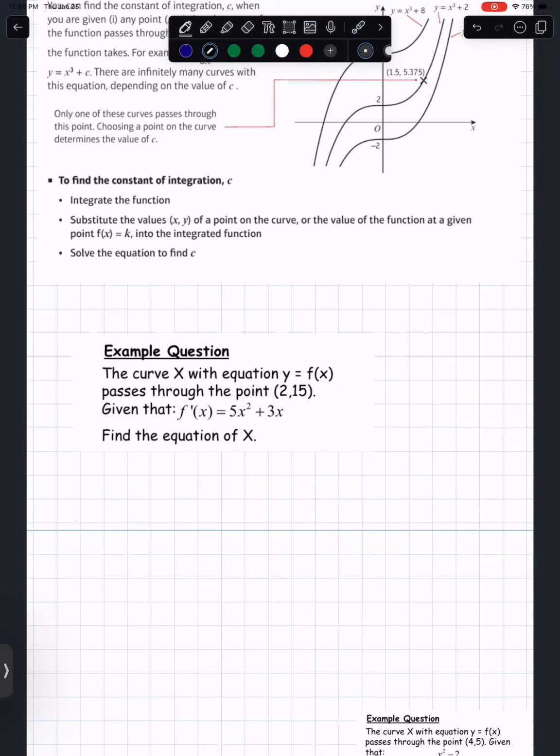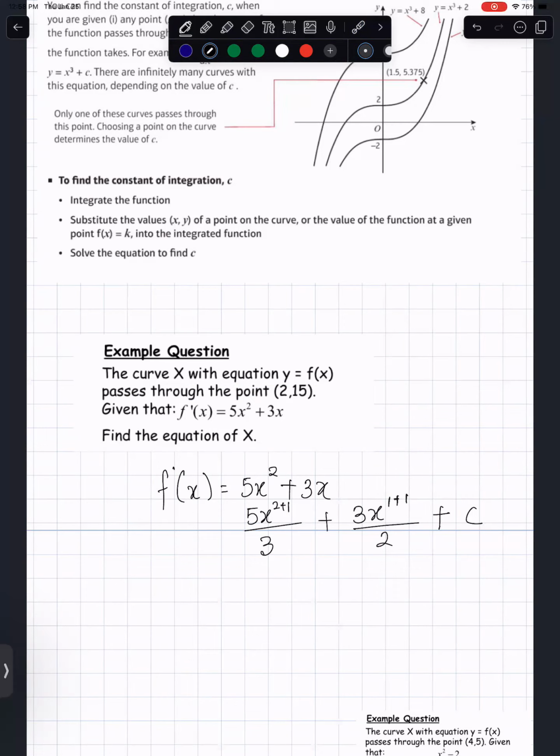So the function we have here is f'(x) equals 5x squared plus 3x. Okay, so we're going to integrate this. This is going to give us 5x to the power of 2 plus 1 divided by 2 plus 1, which is 3, then plus 3x to the power of 1 plus 1 divided by 2, then plus our c.